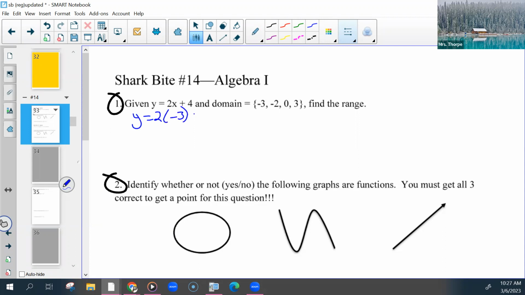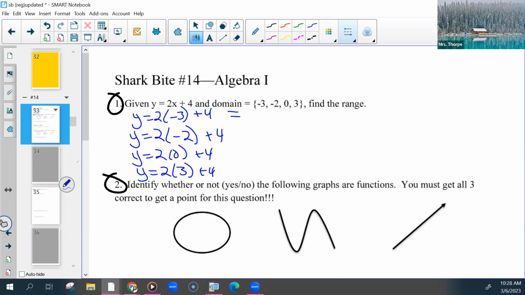I'm gonna set each one of these up first. So if you were doing it by hand, you would put each of the x values in and then figure out what each of the y values would be.